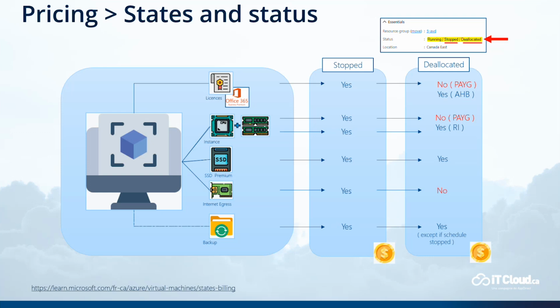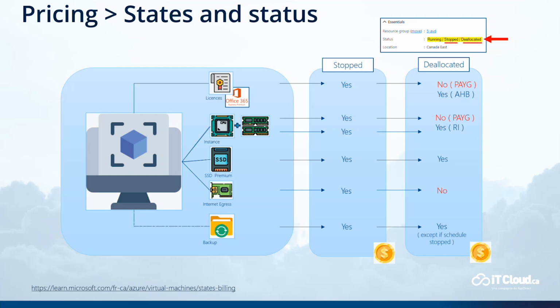But there are only these three exceptions. And between you and me, most people go with the Azure Hybrid Benefit and reserved instances, and we reboot the machine only for maintenance. Nobody shuts down the VM to save money or for another weird reason. So yes, but keep that in mind.